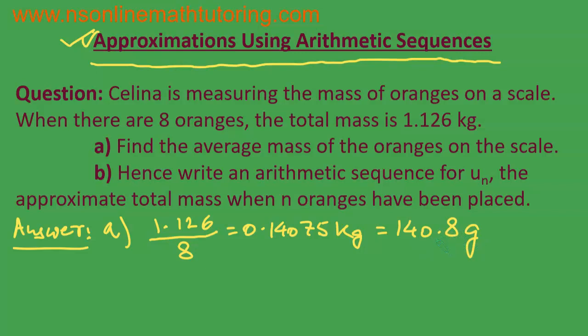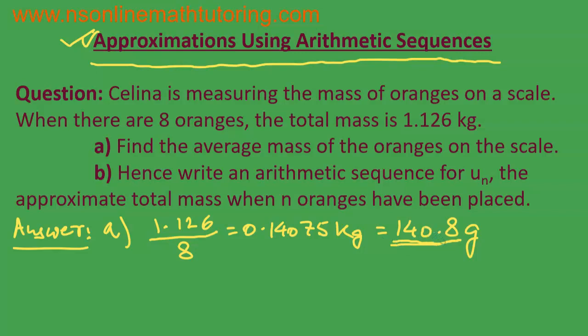Now you come to know what is getting approximated, the mass of the oranges. Because it is quite obvious that every single orange will be having a different mass. At least their masses will be varying, though very little, but will be varying. They will not be having identical masses. That is what we are approximating. We are assuming that each of the 8 oranges has the mass of 140.8 grams. That is the average mass.